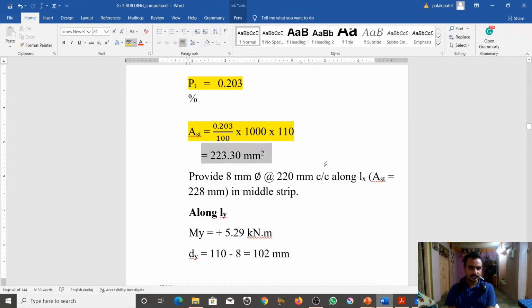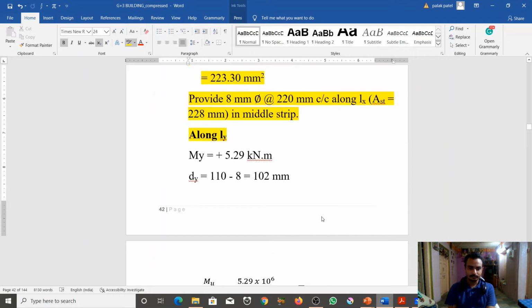So Ast is 223.30 mm square. Okay. Provide 8 mm diameter bar at 220 mm center to center along Lx. So Lx design is completed, means shorter span design is completed. This design is completed. Next, design along Ly.